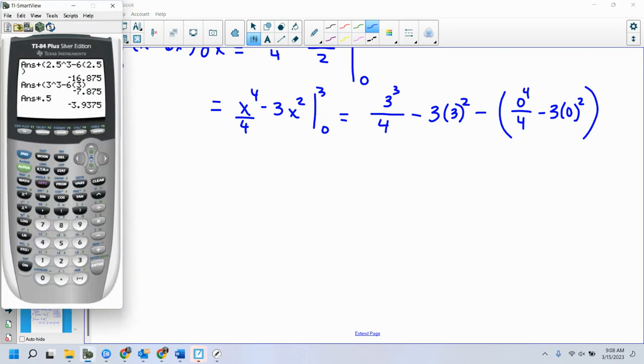Plug it in. Well, what's this going to be? 0, right? So I'm going to take this minus 0, so 3 to the 3rd divided by 4.